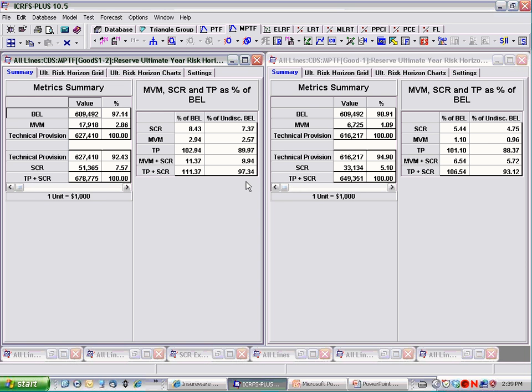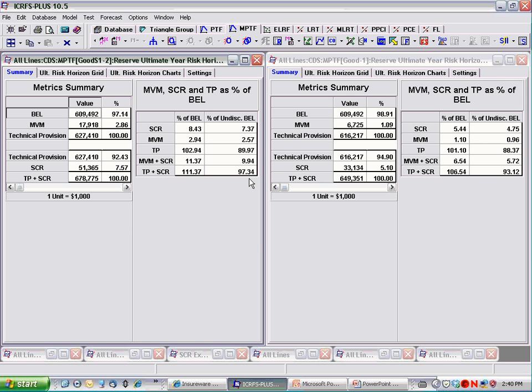Now your total capital at inception is 97% of the undiscounted BEL. So in this example, even if you don't allow for fungibility across LOBs, the total capital at inception doesn't really exceed the undiscounted BEL, which is quite interesting.